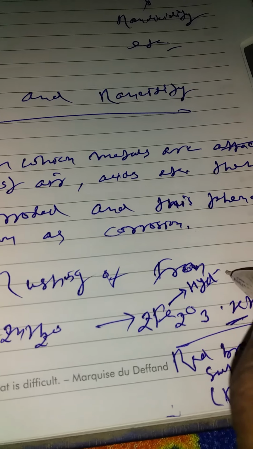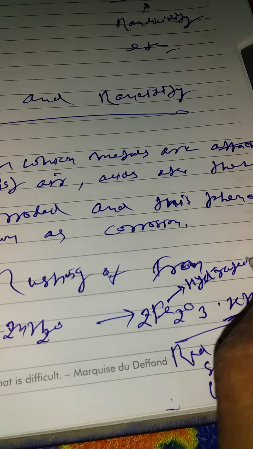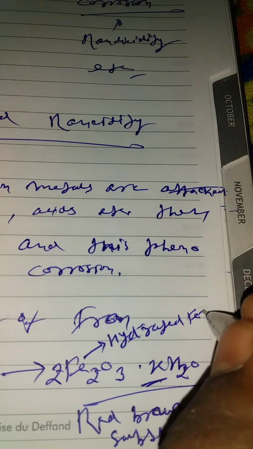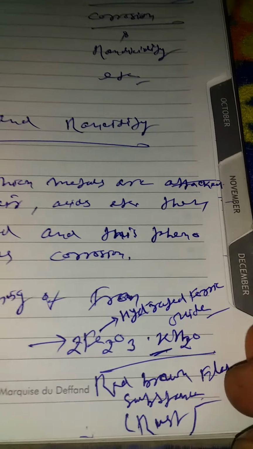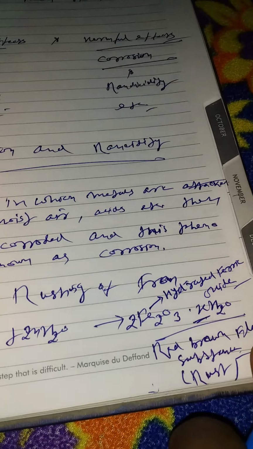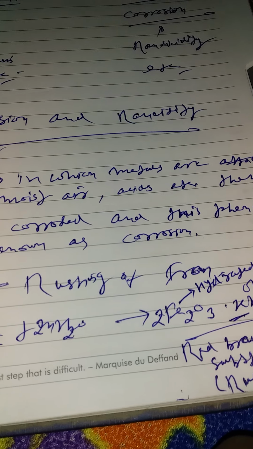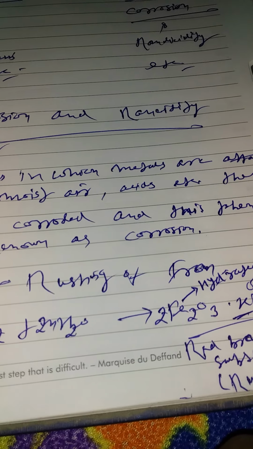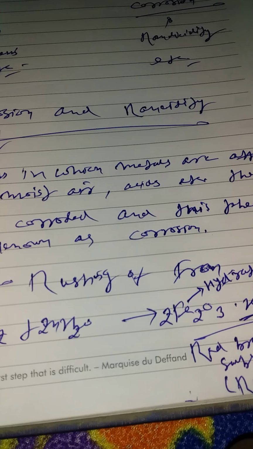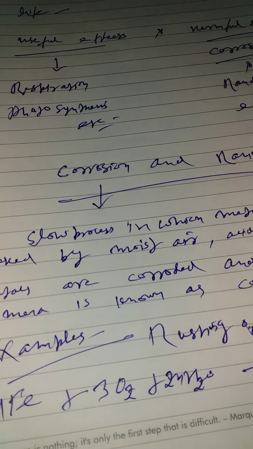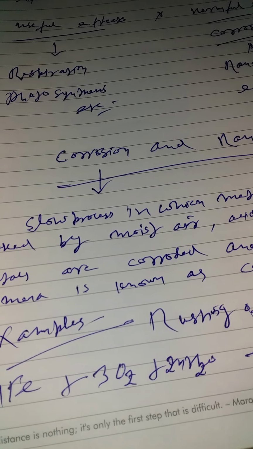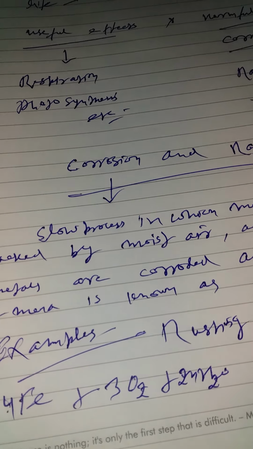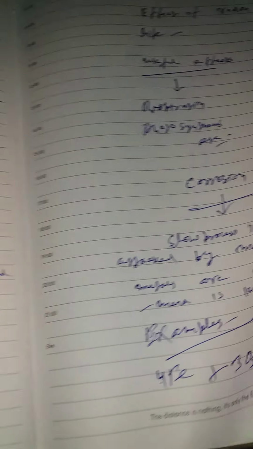Hydrated ferric oxide is the chemical name of rust. And this red brown flaky substance is rust on iron article that is responsible for weakening of iron object.